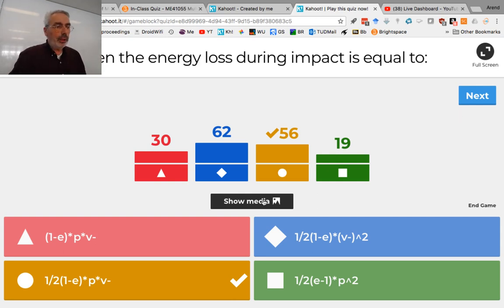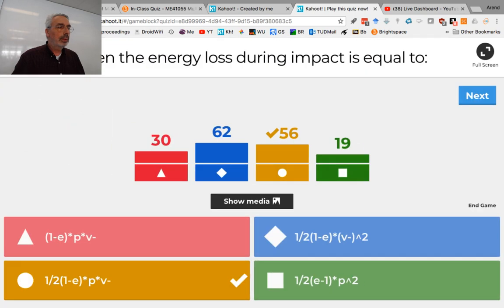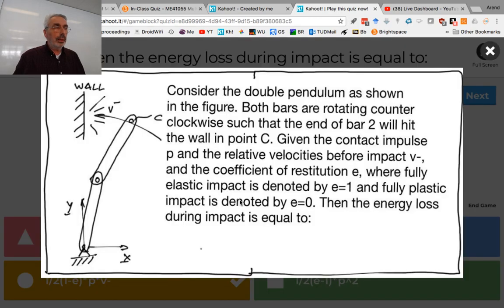Okay, let's look at the problem again. Apparently there are two popular answers, something with v squared, and the correct answer. So let's look at the question again.